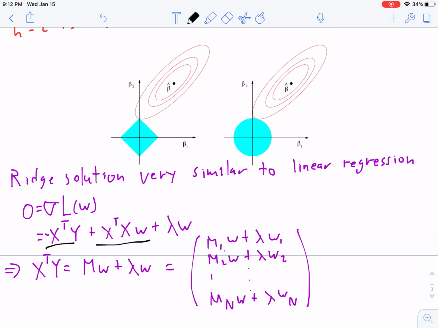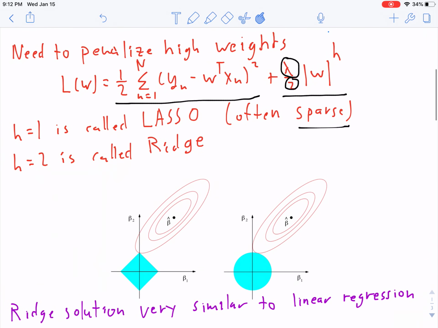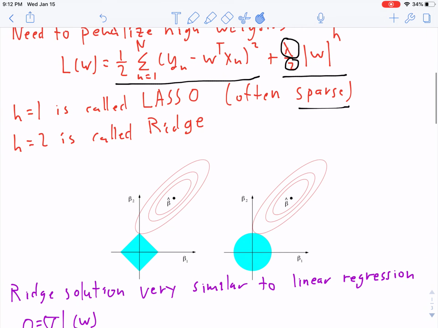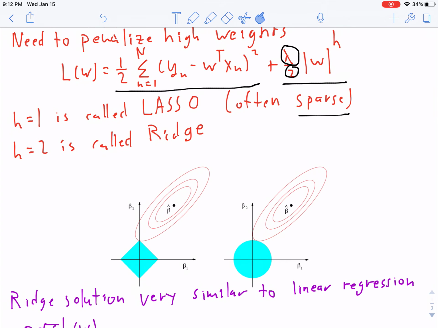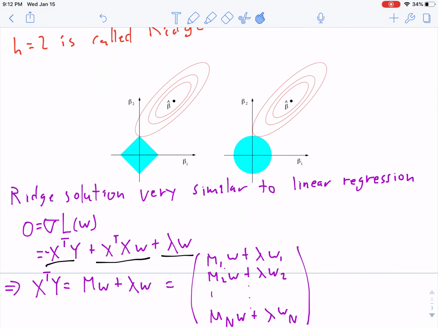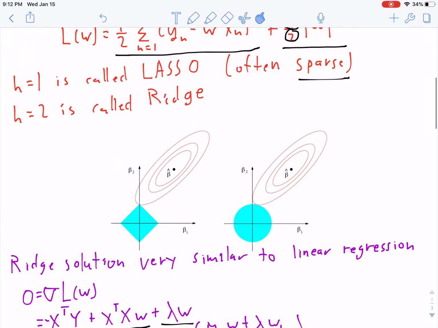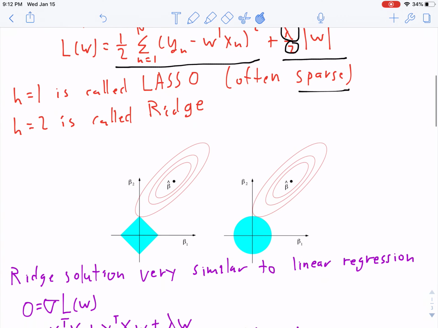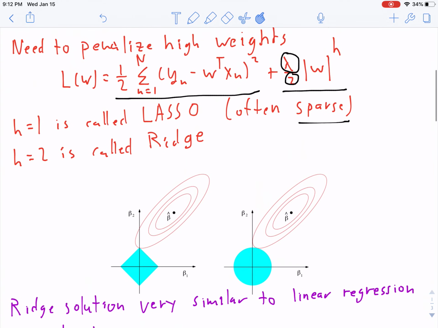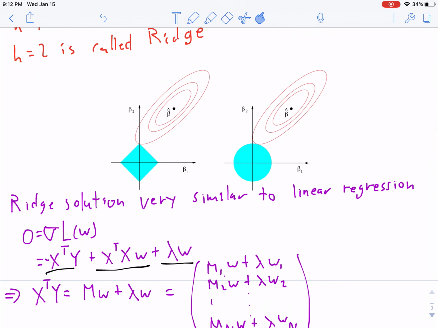And then our second term is just lambda w, because that's the derivative of the regularization term.